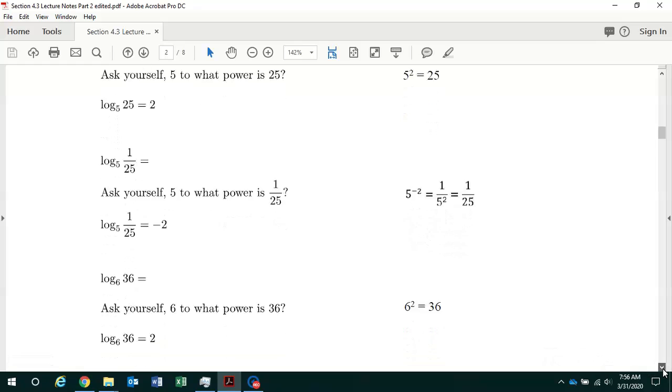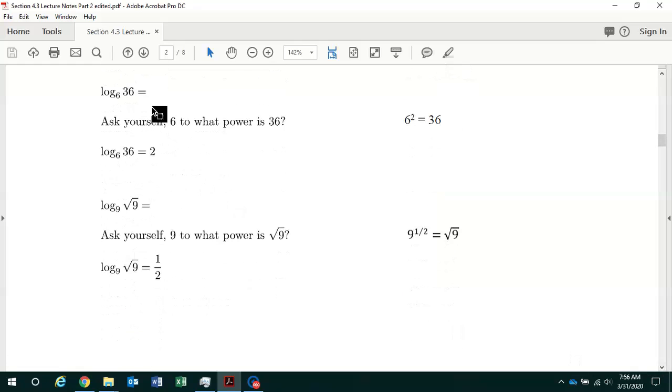What's log base 6 of 36 equal to? Well, we know 6 squared is equal to 36. So log base 6 of 36 has to equal 2, right? 6 squared is equal to 36.